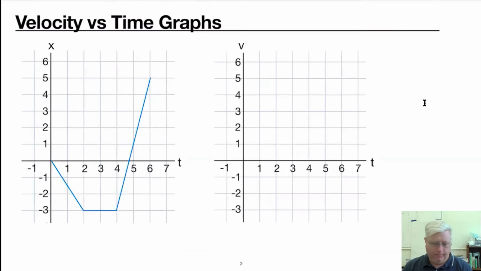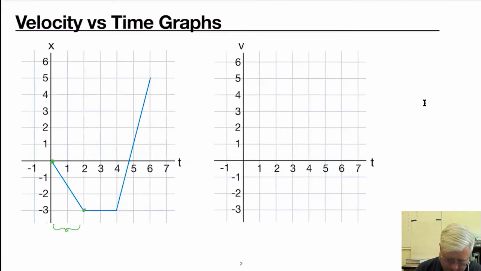So here I have a position versus time graph, x versus t. When we say it's an object that's moving, can we figure out what the velocity is? Well, we learned in the previous lesson that it's just the slope. So if we were to find the average velocity or constant velocity during this 2-second time interval, it would be the displacement, the final minus the initial.